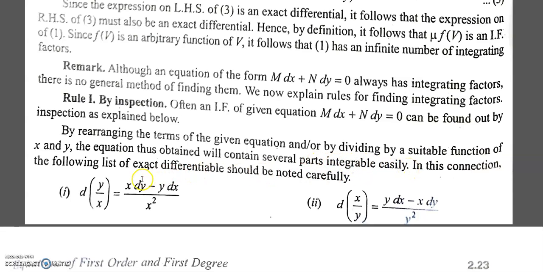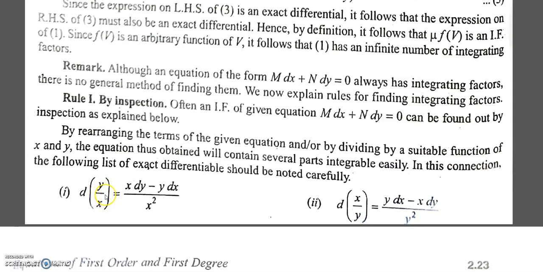Here is a list of exact differential forms which you should remember carefully. Suppose we have x dy minus y dx by x square. We can write this in differential form as d of y by x.